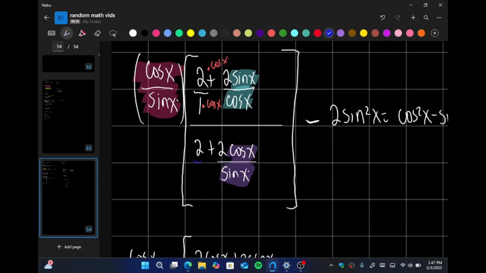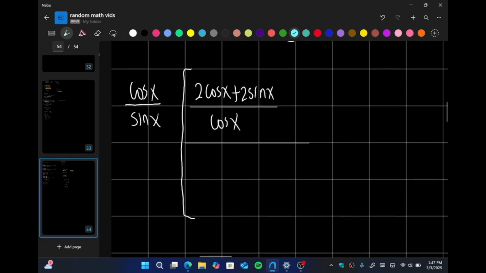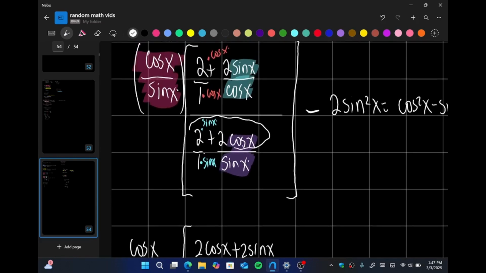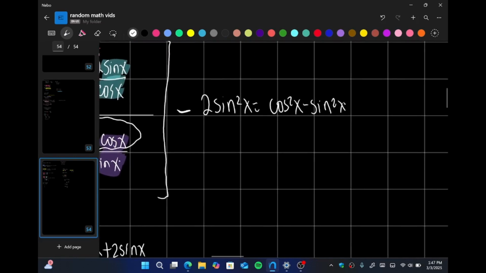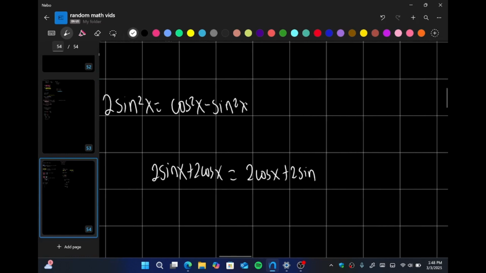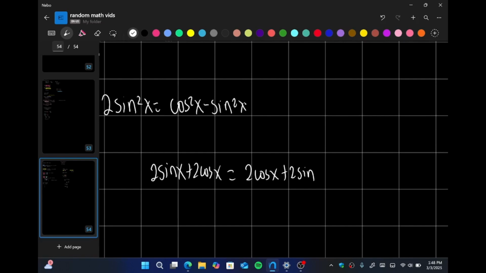The same thing is going to be applied to the bottom. So we're going to put it over 1, and multiply sine x on top and bottom. So we're going to have 2 sine x. Again, this part, guys, the 2 sine x plus 2 cosine x is equivalent to 2 cosine x plus 2 sine x because of, I think, the commutative property.